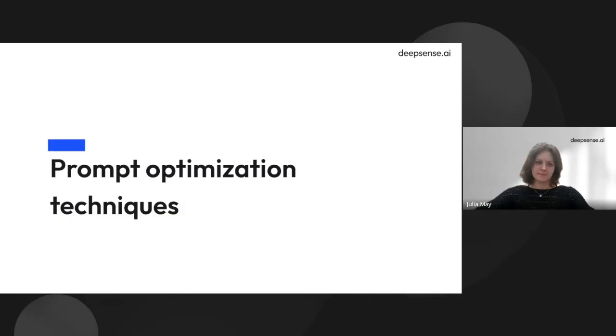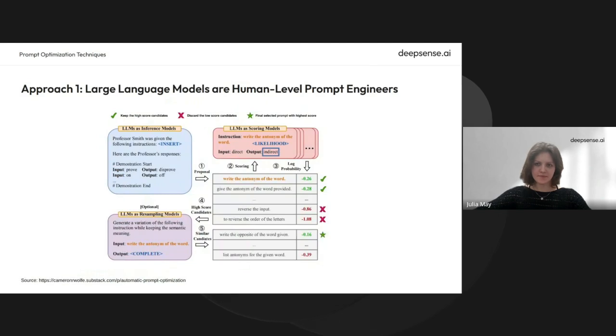So this part is going to be about some popular prompt optimization techniques from recent papers, and I will present three different approaches that can be used to do this automatic process. So first approach is about using LLMs as human level prompt engineers.